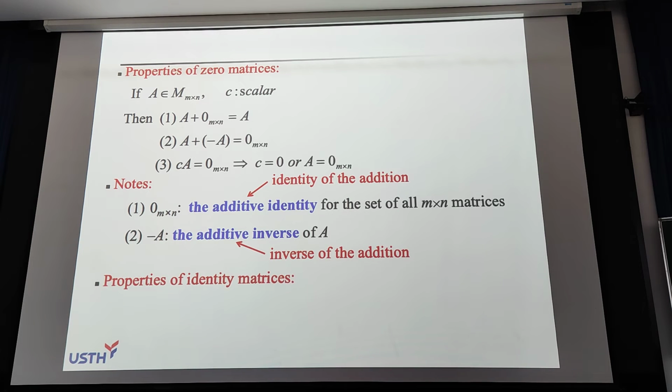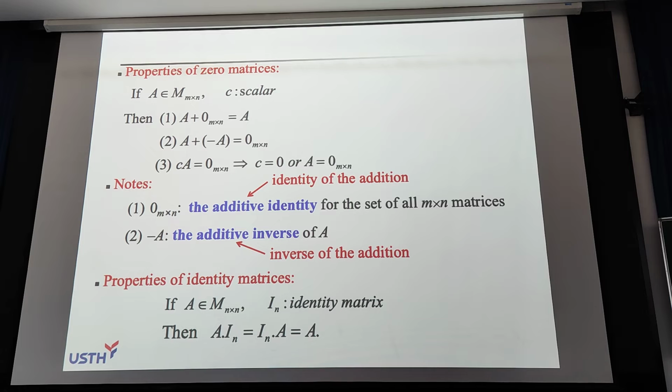Now, that one is very important and you need to remember because you are going to use this later. That is a property of the identity matrix, tính chất của ma trận đơn vị. Suppose that A is a square matrix of order n, and I_n is an identity matrix of the same order.